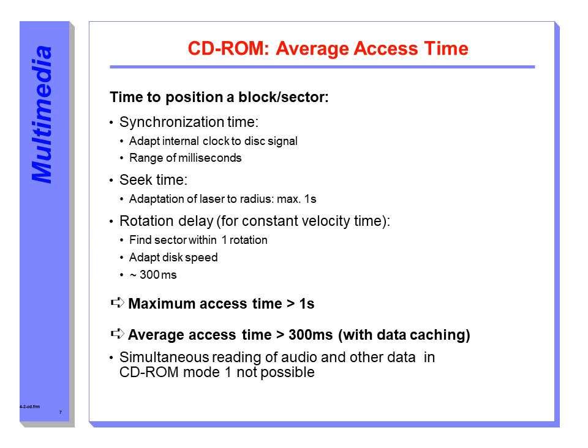CD-ROM average access time consists of the synchronization time, seek time, and rotation delay. Synchronization time occurs because the internal clock frequency must be adjusted to be exactly in phase with the CD signal. Here delays are in the range of milliseconds.